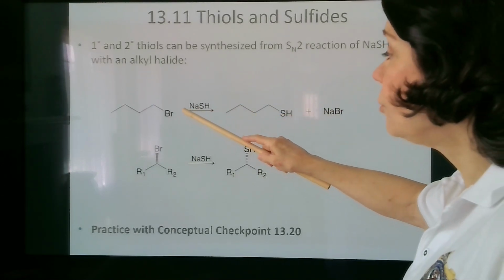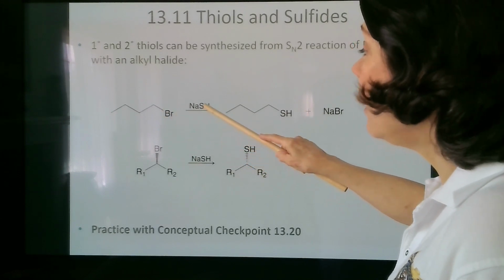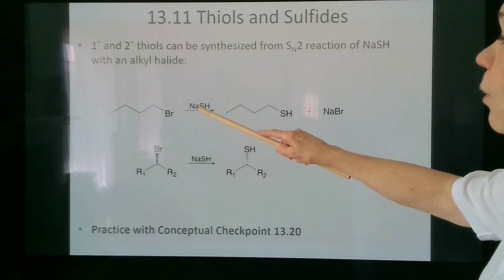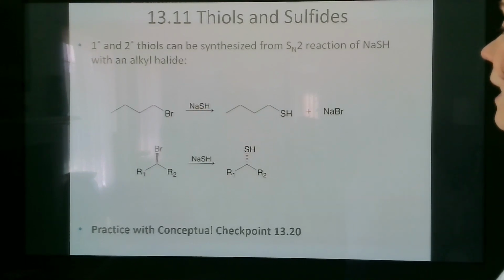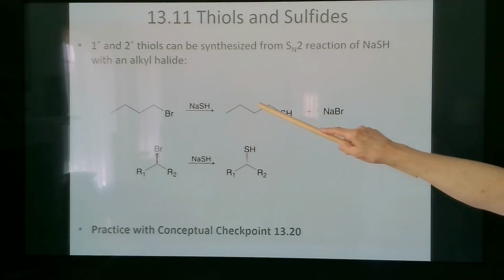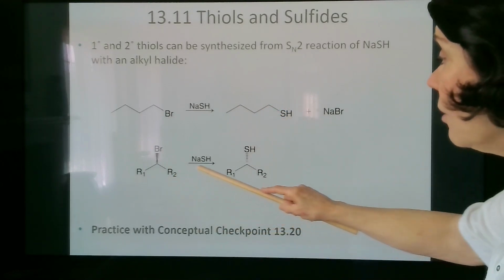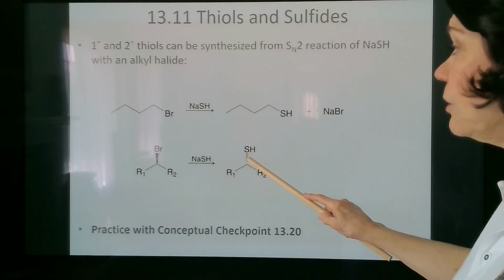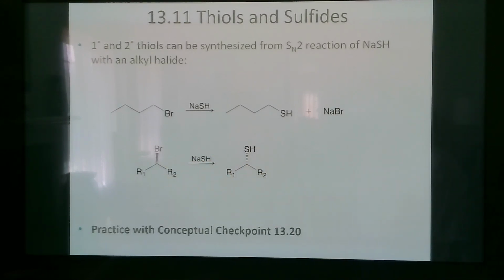So here you see the alkyl bromide reacting with NaSH to give you the thiol. Here the same thing. Notice the inversion of stereochemistry because this is an SN2 reaction.